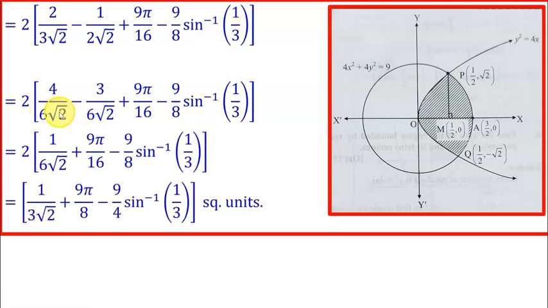Next, the base is equal, that is 4 minus 3, which is 1 upon 6 root 2, and the remaining terms are as they are. Next simplification, multiply all the terms in this bracket by 2. Then you will get 1 upon 3 root 2 plus 9 pi upon 8 minus 9 by 4 sine inverse of 1 by 3 square unit. And this is the answer.